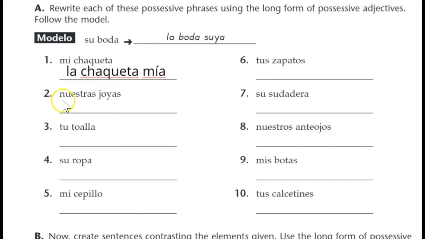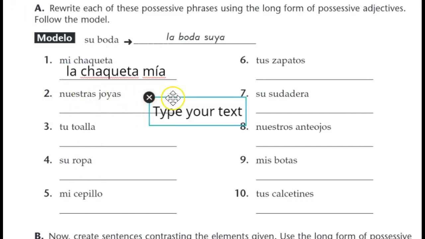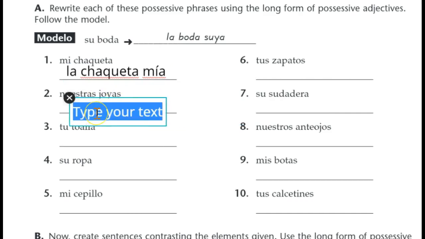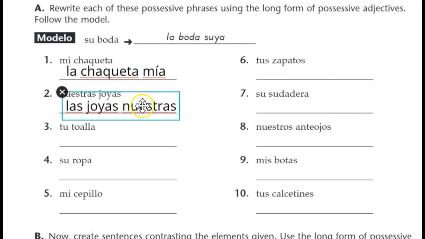Nuestras joyas, of course, it matches the other one, doesn't it? Las joyas nuestras. Very important to make sure that you keep masculine, feminine, plural, singular, all that stuff.